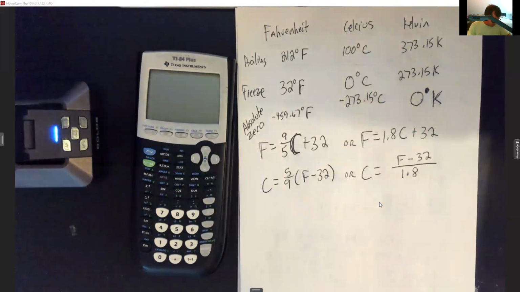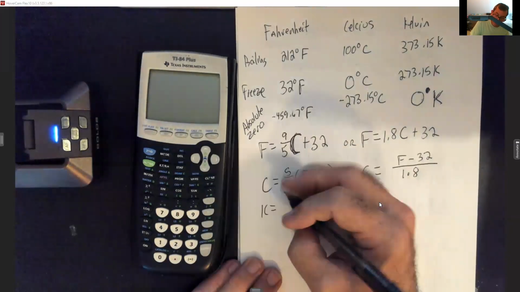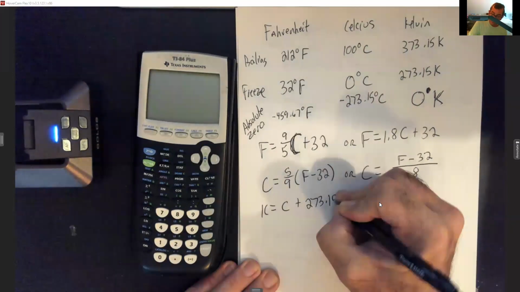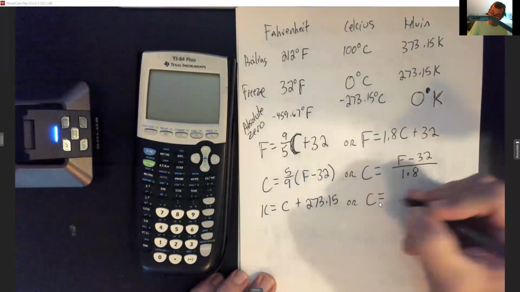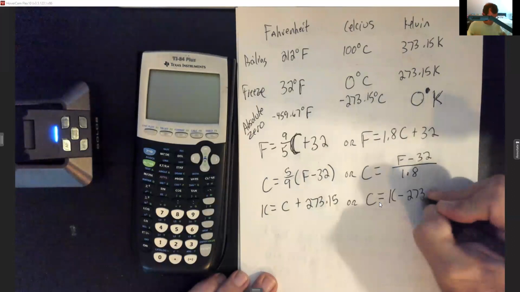And then if you want to do Kelvin and Celsius, Kelvin equals Celsius plus 273.15, or you can do Celsius equals Kelvin minus 273.15.